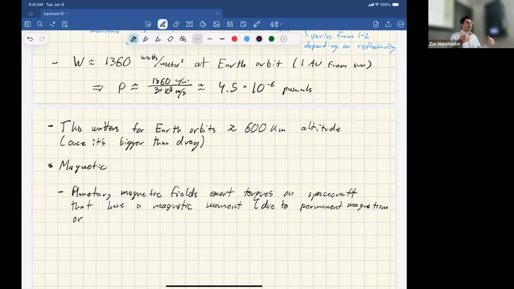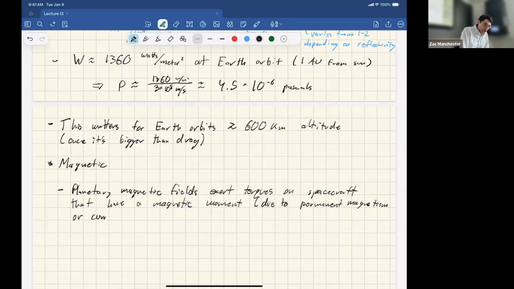Or if you have any kind of current flow, you're going to generate magnetic fields, right? There are also very weird effects that happen. These effects are all small, but because space is generally a super clean environment with no other damping effects, these small environmental effects integrate up over time and start to matter.